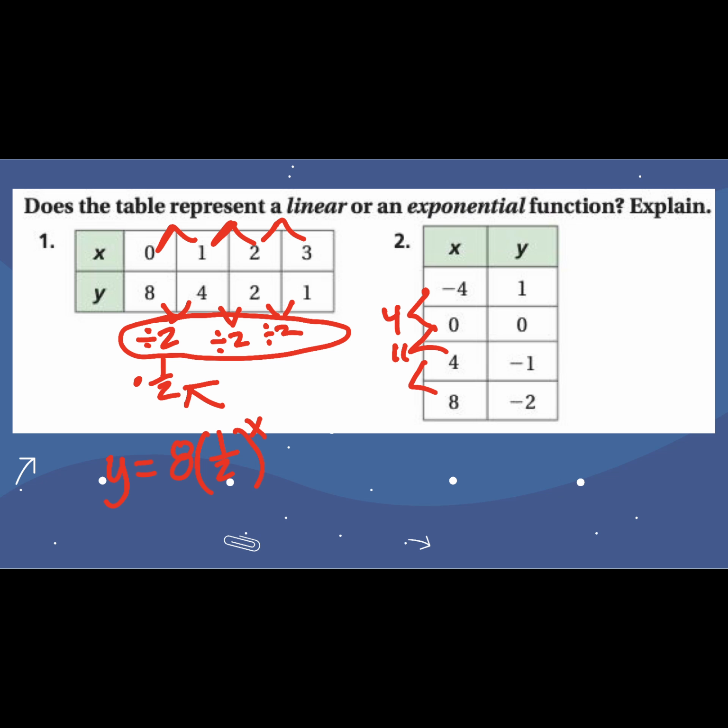The y's are what will tell us if it's exponential or linear, so we go minus 1, minus 1, minus 1. We have a linear function. Good job. And I won't go over how to write an equation for that because we did that all in chapter 5, and all of you could do that in about 10 seconds right now.